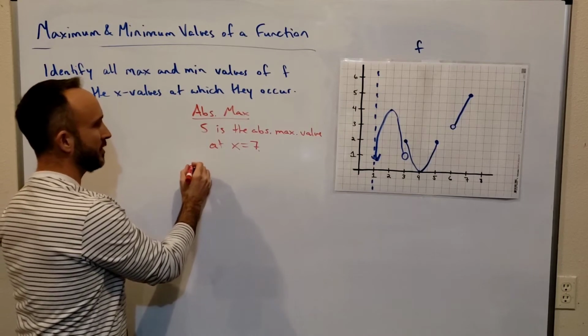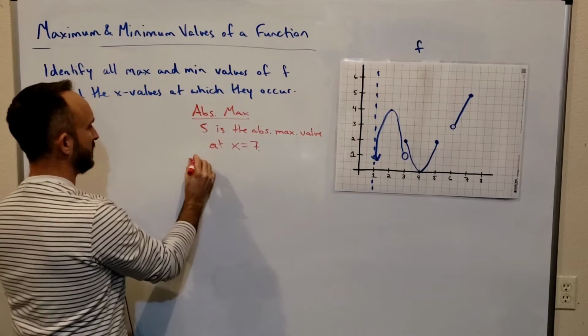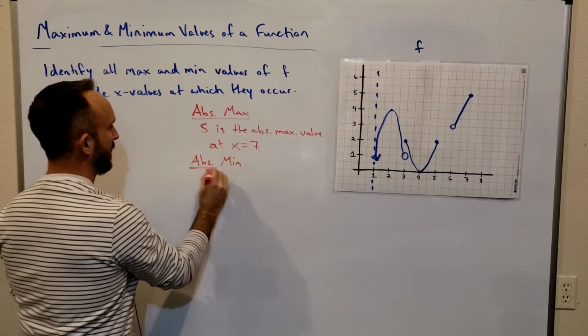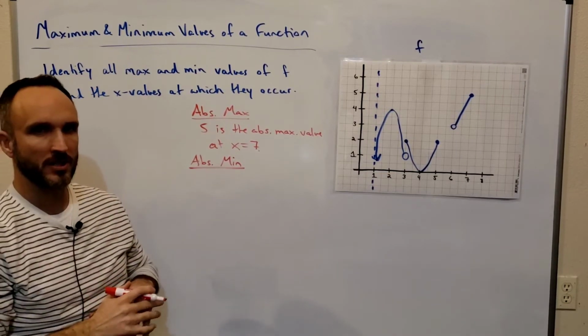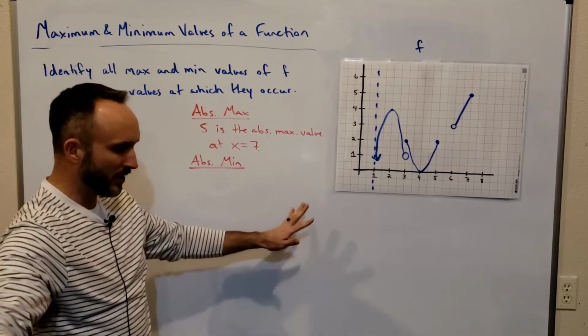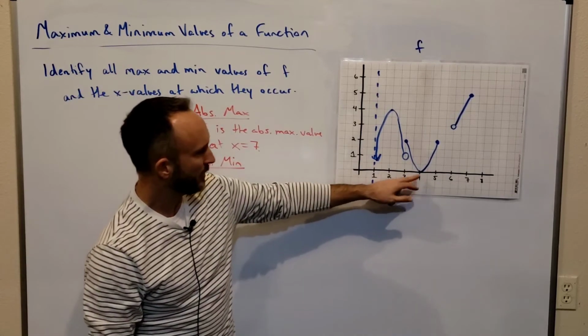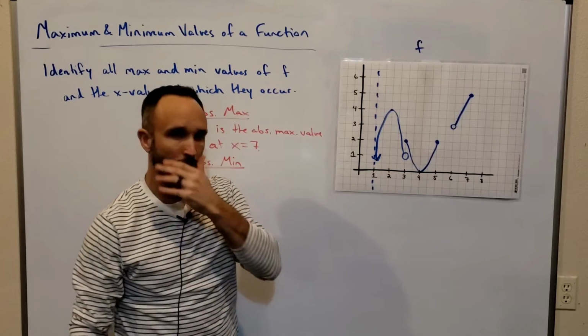Let's discuss, and here I don't want to mess that up. Let's not mark on that any more than we need to. Let's talk about absolute minimum. So in this case, is there any y value that's lower than, smaller than, or equal to every other y value on the graph? And so a lot of students will look and they'll say, well, yeah, right here the graph bottoms out at the ordered pair (4, 0). Okay?